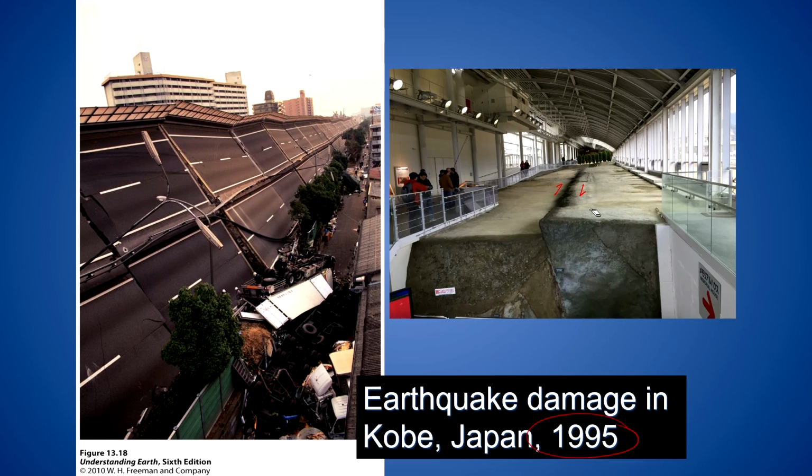I have a separate lecture on this, but I'll briefly mention that after this 1995 Kobe earthquake, the Japanese people and the government decided to preserve this surface rupture. So, this is what we call a surface rupture.